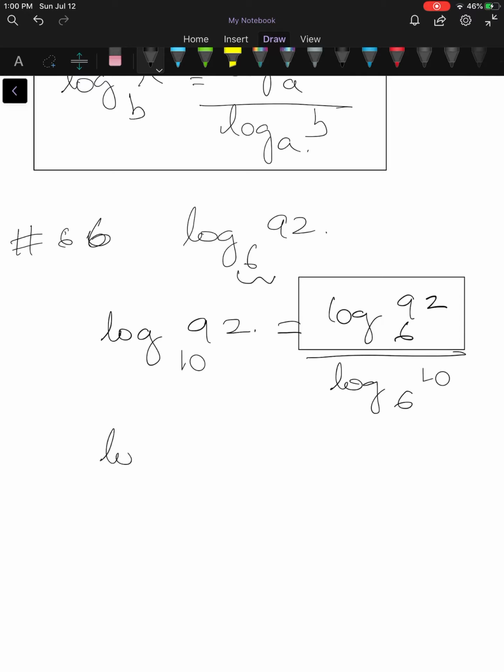Now solving, we need to find the value of this particular number. I'm going wrong somewhere.